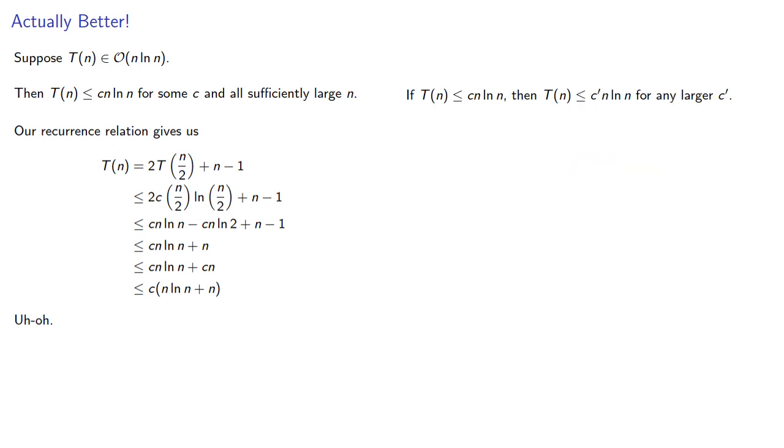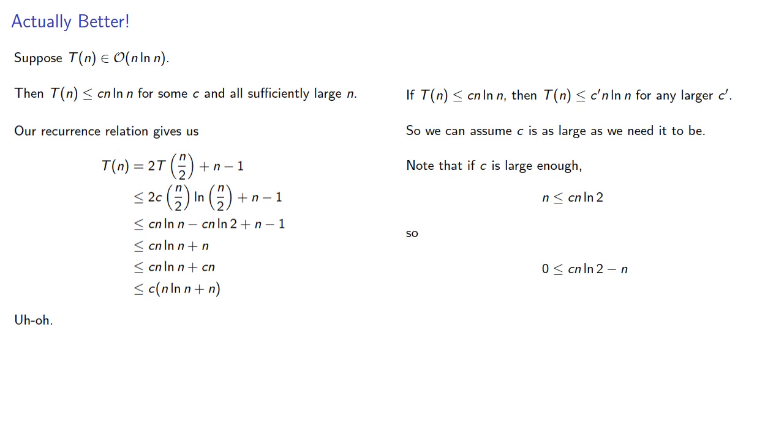Now if T(n) is less than or equal to Cn log n, then T(n) is less than or equal to C' n log n for any larger C'. So we can assume that C is as large as we need it to be. And note that if C is large enough, then n is less than or equal to Cn log 2, which means that Cn log 2 minus n is a non-negative number.